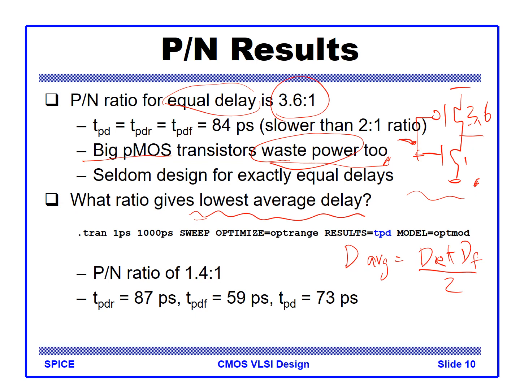The PN ratio that minimizes the average delay is 1.4. Even though the rise time is slower than the fall time, this gives us an average 73 picosecond delay. This is the most popularly used ratio in typical standard cell design.